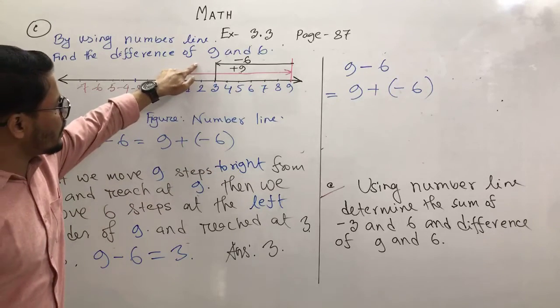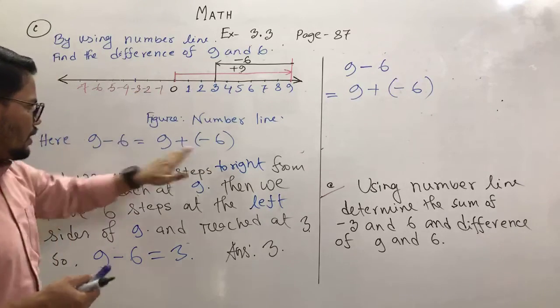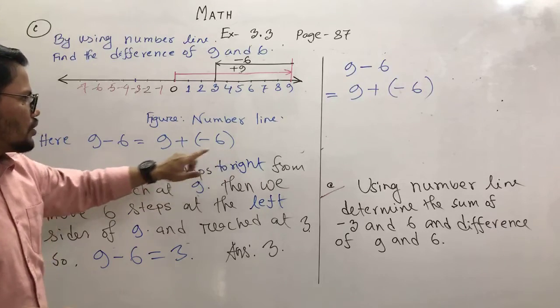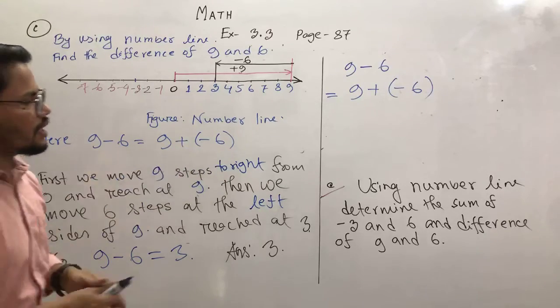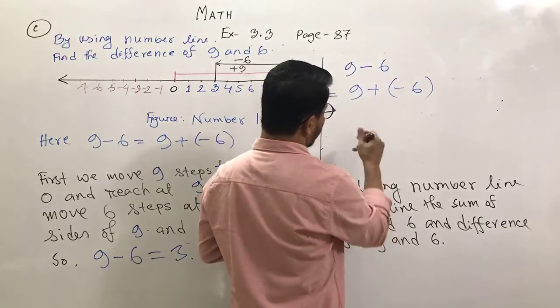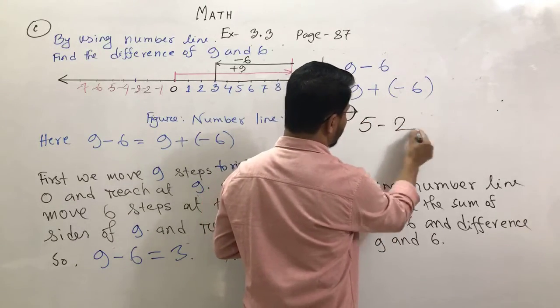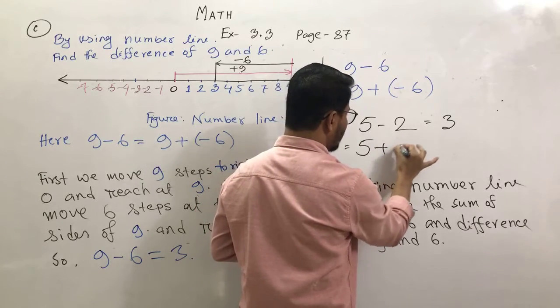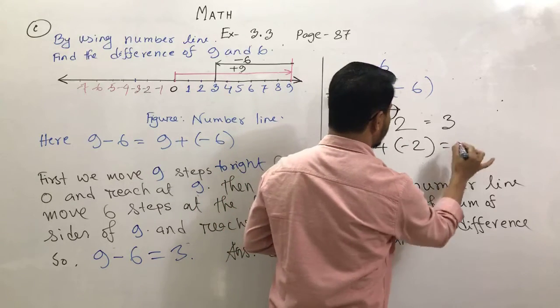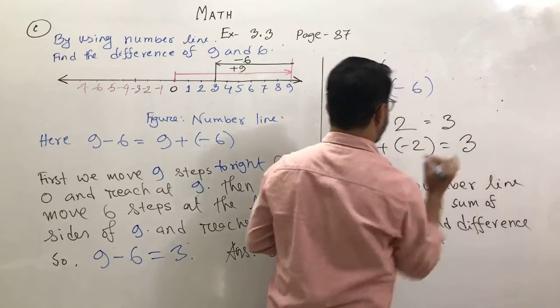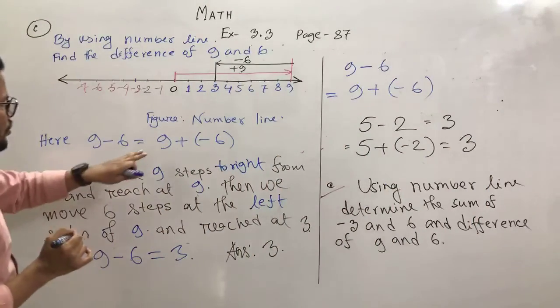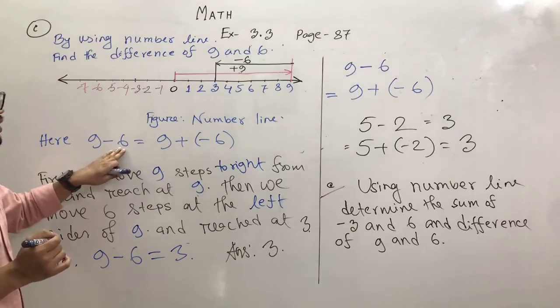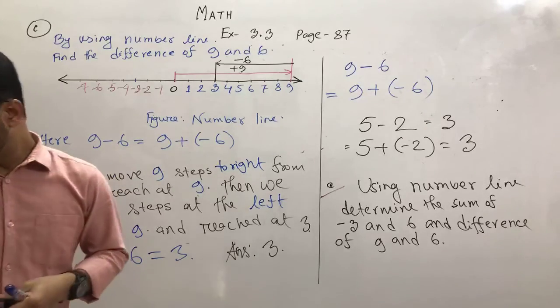So the first line is plus 6, the second line is minus 6. Like another example, 5 minus 2 will be 3. If we write 5 plus minus 2, this is also 3. So write the first line, then write the steps.